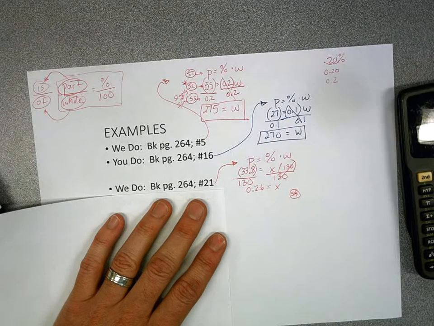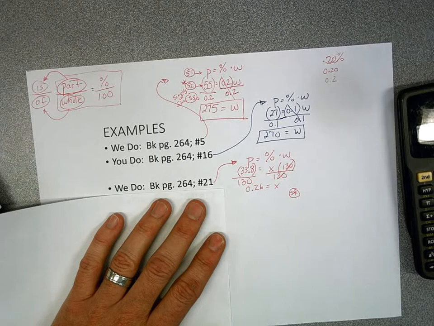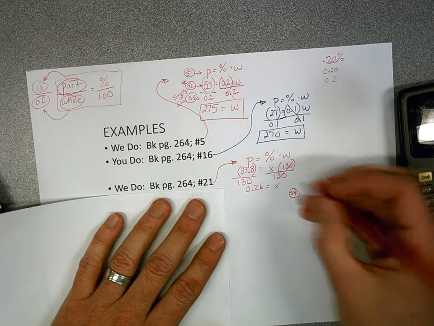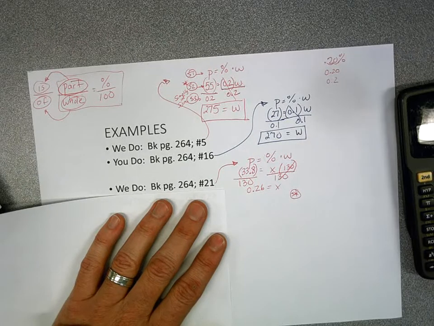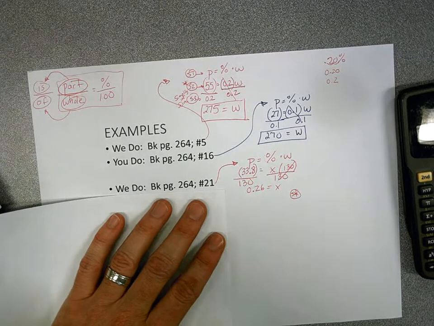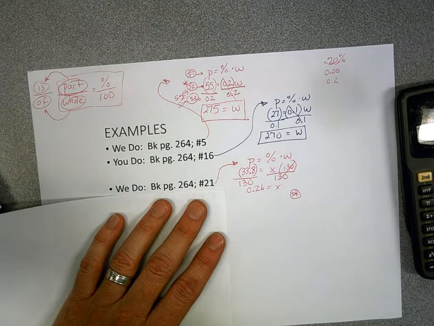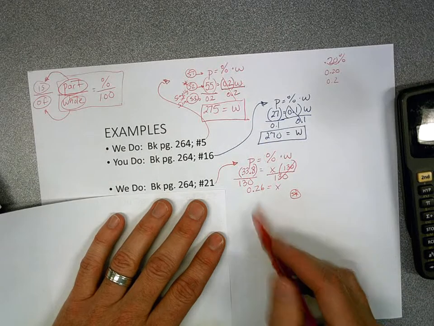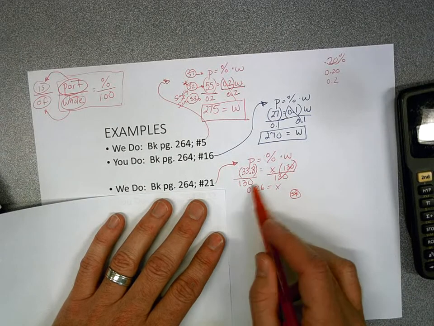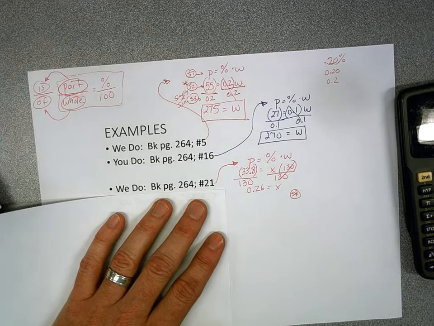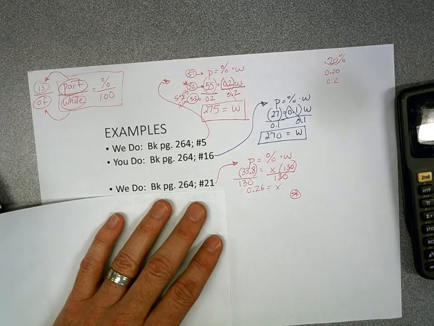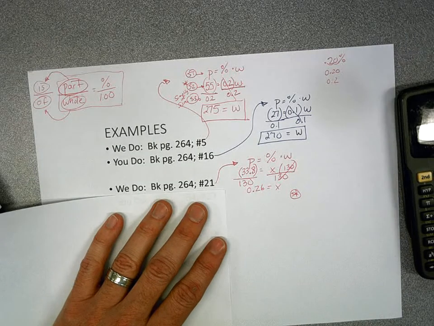We'll call this step star. This is a little reminder step you have to be careful of. If you are finding the percent, remember that when the percent is in the percent equation, it's always going to be in decimal form. What we're doing right now is taking it out of the equation as a final answer, so we need to convert it from decimal form back into percent form.